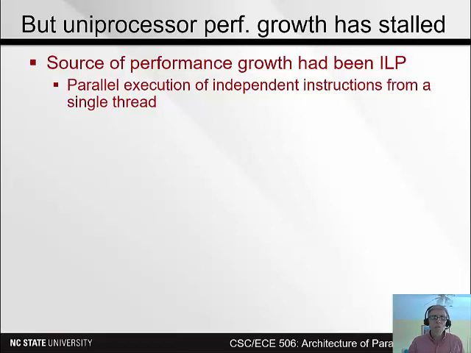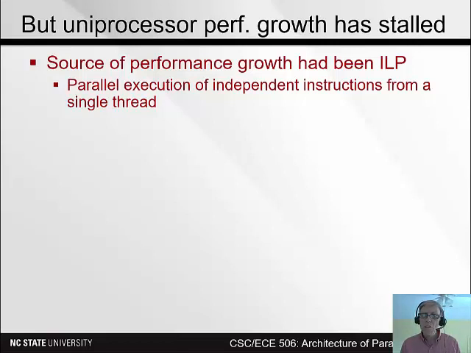The second wall, which was actually hit just a few years later, was the ILP wall. You started off with dual issue superscalars, then you went to quad issue superscalars, and after that you really didn't get much performance improvement, but you did get quadratically increasing complexity. Remember what I said about two unrelated instructions being able to be started at the same time?